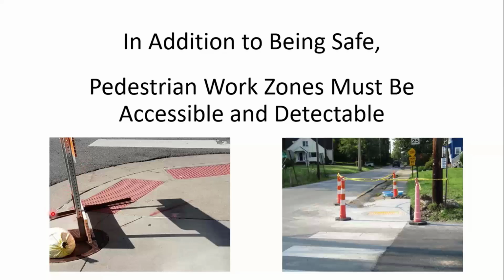But really, in that case, there should have been some sort of barricade placed around the corner here to prevent pedestrians from even entering the street, since there's no sidewalk on the other side. But then, I keep talking about safety and accessibility. Notice how the feet of the type 3 barricade extend out into the curb ramp. That's a potential tripping hazard for pedestrians.